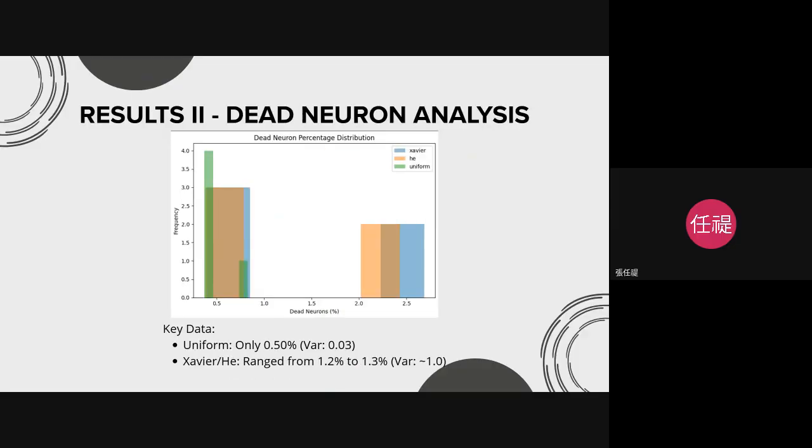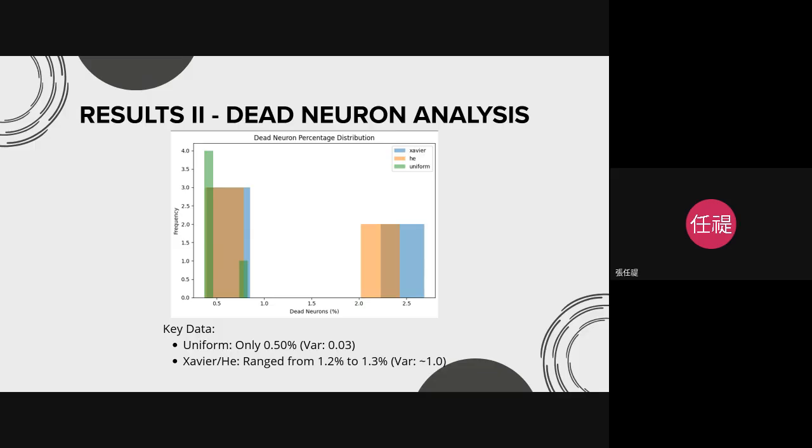We analyze the dead neuron phenomenon, which is common with ReLU activations. We found a very interesting result. Uniform initialization resulted in an exceptionally low dead neuron rate of only 0.5%. This is likely because restricting the weights to a very small uniform range prevents extreme negative values in the initial layers.